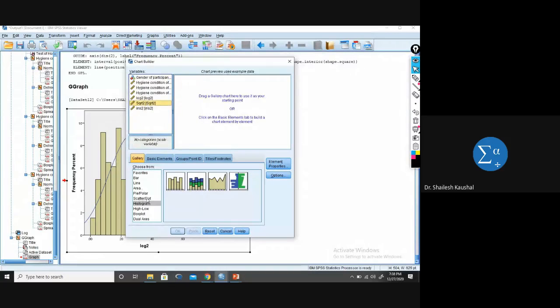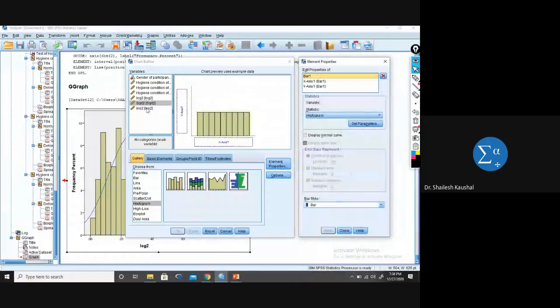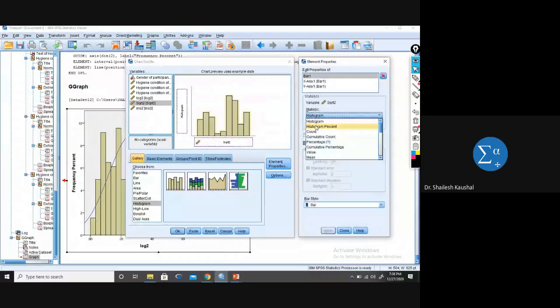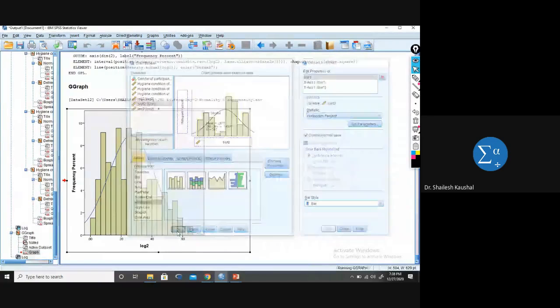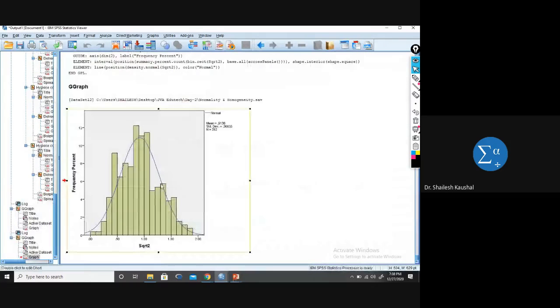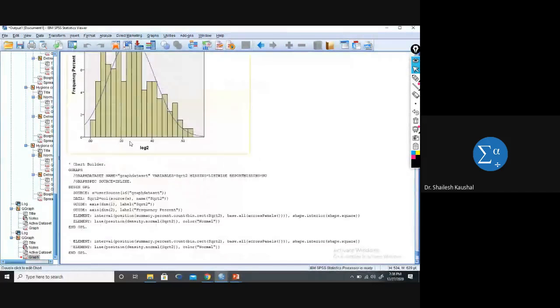But before it, I will select histogram. This is histogram, double click, and I'm transferring square root into x-axis, and then histogram %, and then display normal curve, and apply, and after apply, okay, and now you can see the graph. So it is more correct. Now you can see the data is more normal in comparison to this log transformation.